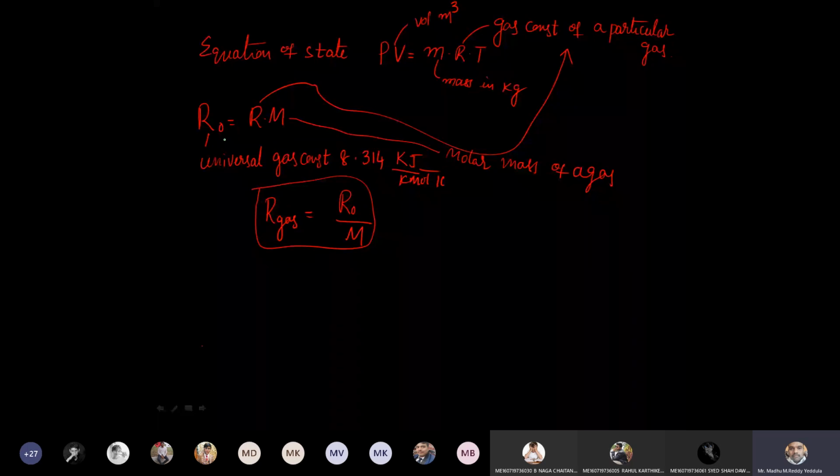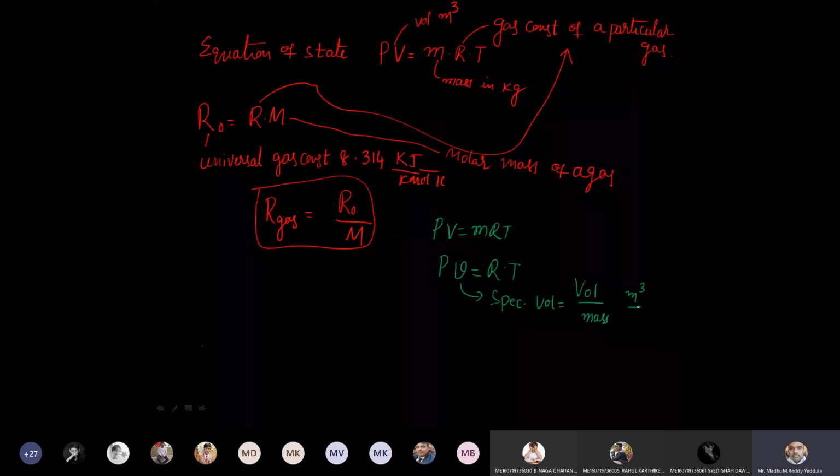Again, the equation of state, as we know, PV is equal to MRT, can also be restated as P small v is equal to RT. Agree? Where small v is the specific volume, defined as volume per mass, with units of meter cube per kg.